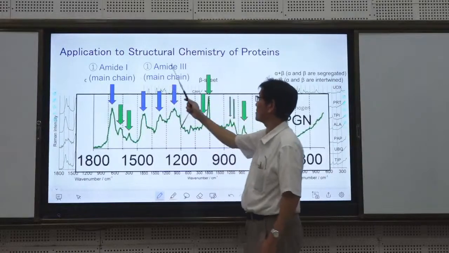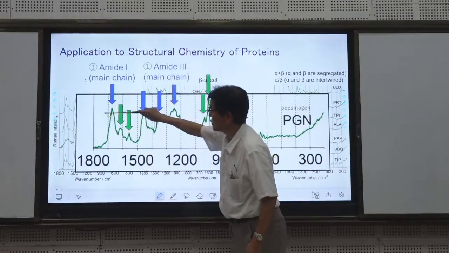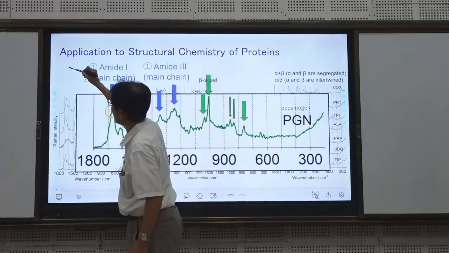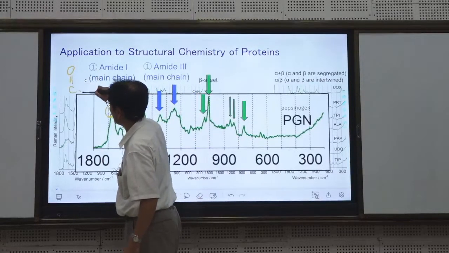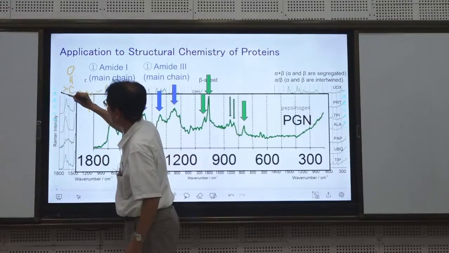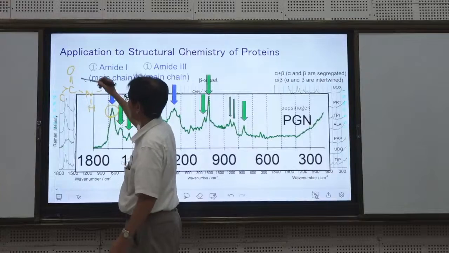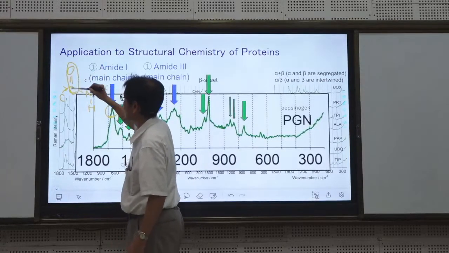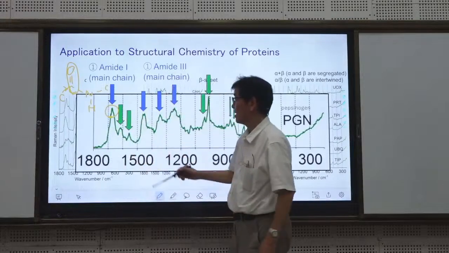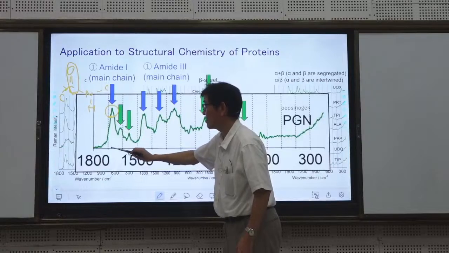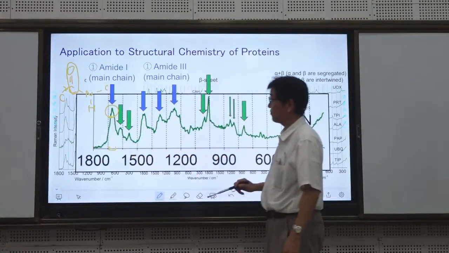There are amide 1 and amide 3. Amide 1 is here. This is the CO double bond stretching. O, C, N, H. Mainly it comes from CO double bond stretching, and it appears between 1600 and 1700.